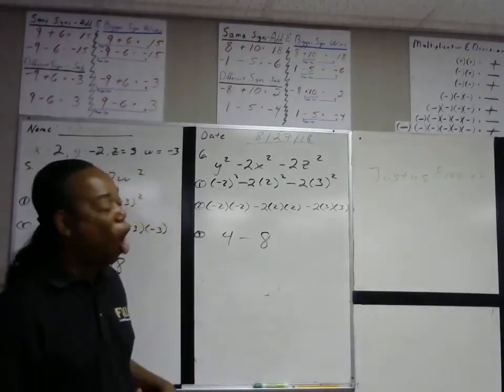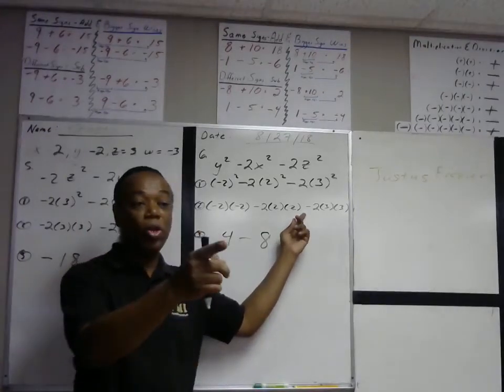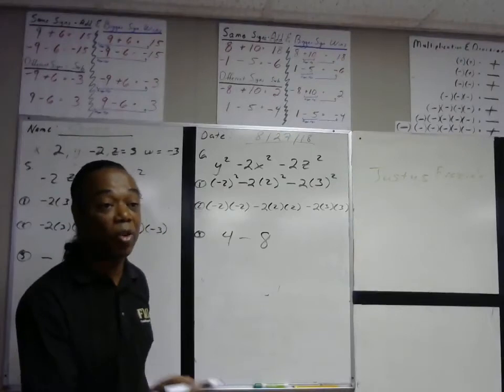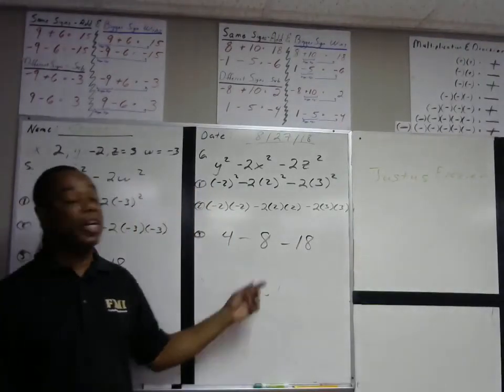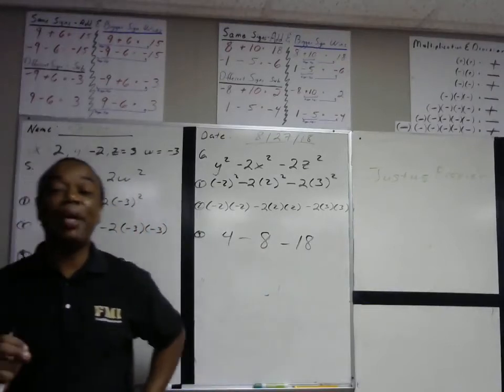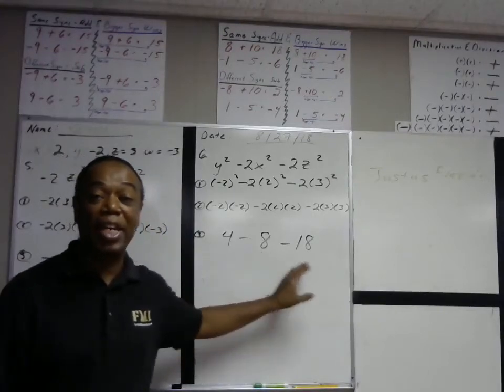Now, the last one also has only 1 negative. So, what do you think? You already gave me the answer, which is -18, right? So, class, we have a +4, a -8, and a -18. Since same signs add, we're going to put together this -8 and the -18.